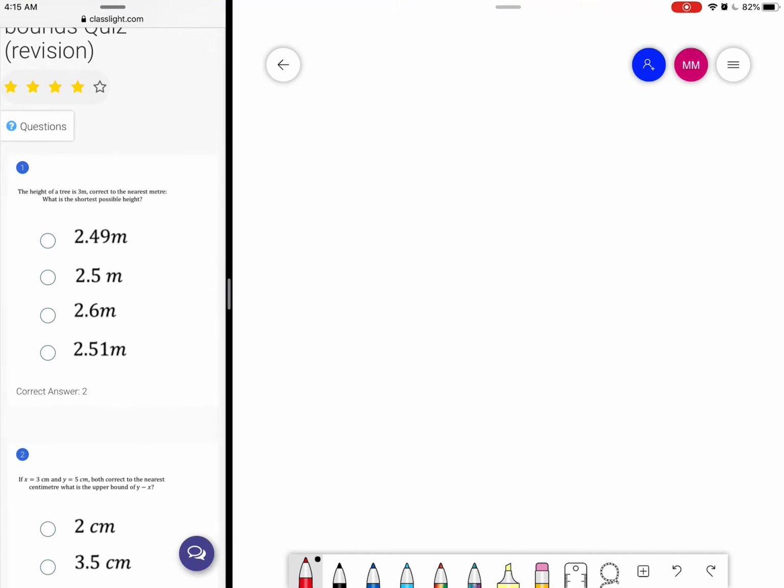For the first one, we have the height of a tree is 3 meters, corrected to the nearest meter. It's corrected to the nearest meter, so I will divide 1 by 2, it's 0.5. So I will add and subtract 0.5 to this 3 meters.